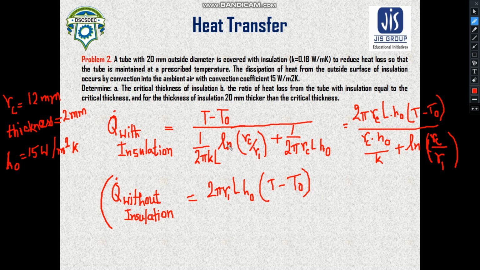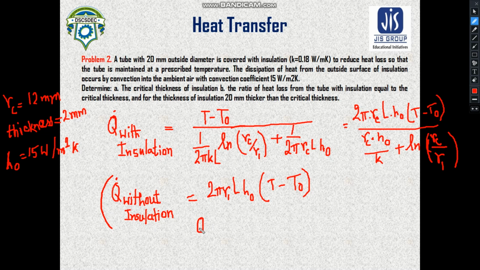Okay, and this is your conduction within the tube. So if you just simplify this equation, then it will become 2 pi RC L HO into T minus T0 divided by RC into HO by K, plus this is simple algebra, you will easily understand it.